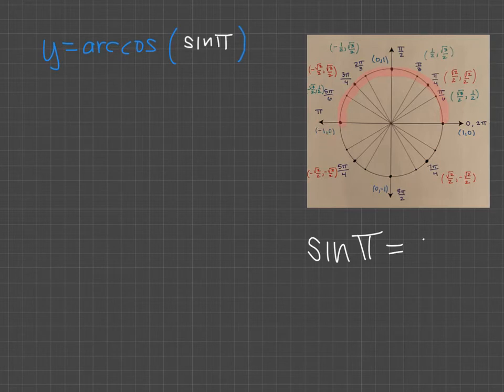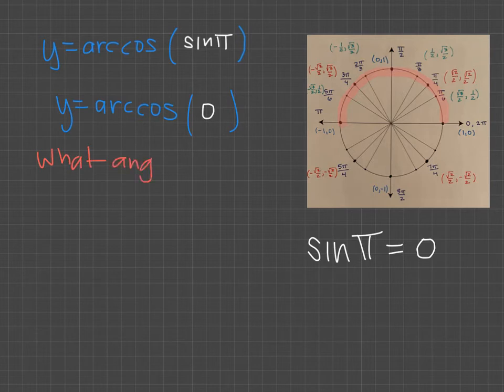So we get the sine of pi is 0. Now we can evaluate this arc cosine function, replacing the sine of pi with what it's equal to, which is 0. So now we want to ask the question, what angle has cosine of 0?